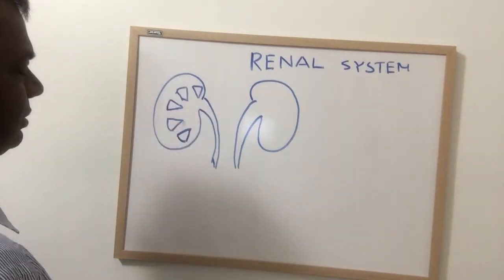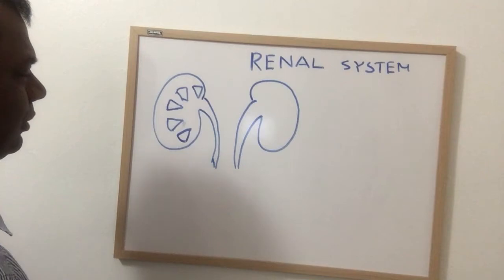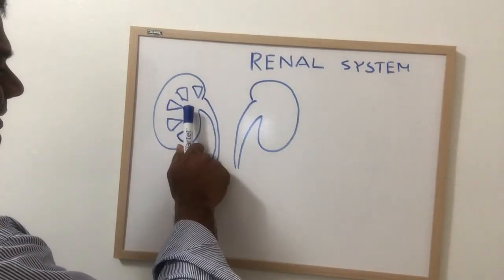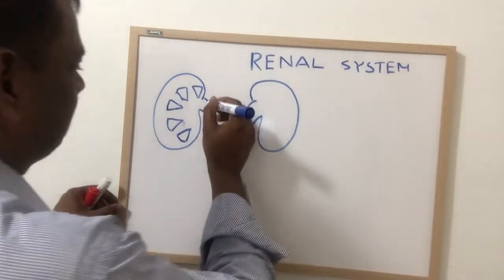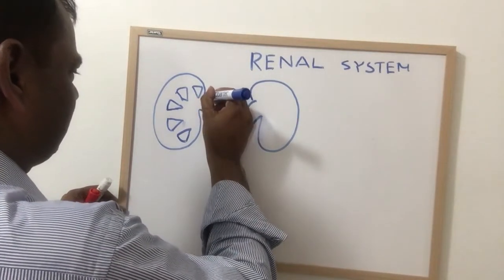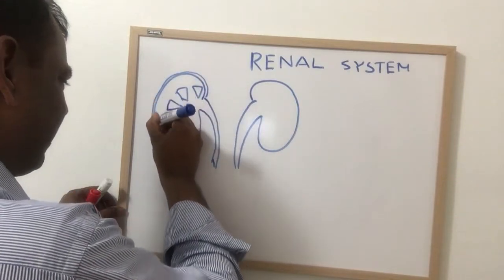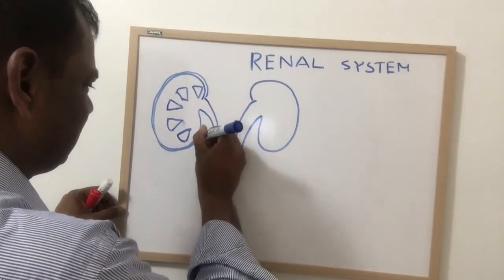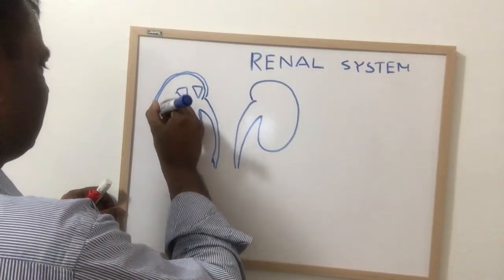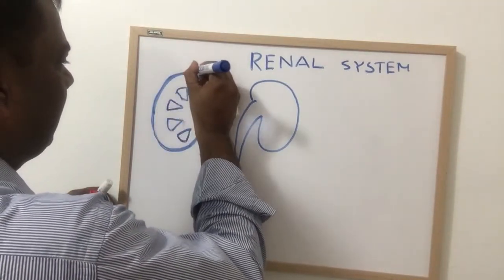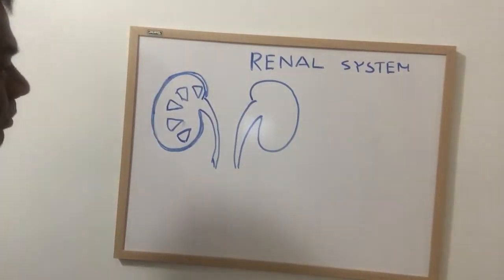This is cortex, this is medulla, this area is called pelvis. Of course, there is an extra lining there with fat and collagenous tissue. This is called the capsule. This extra layer protects the kidney.